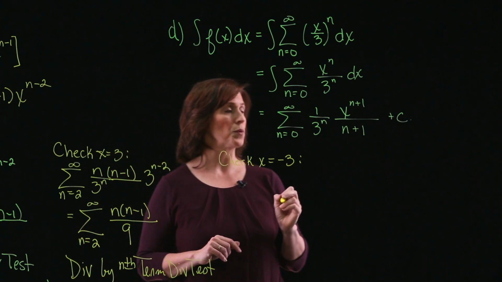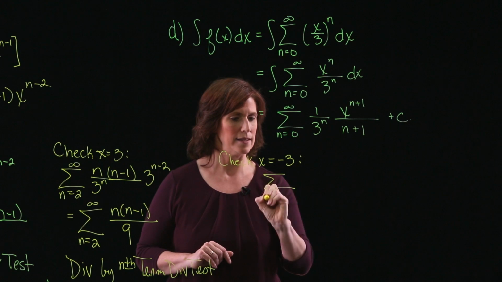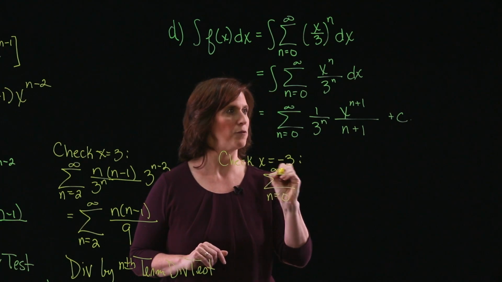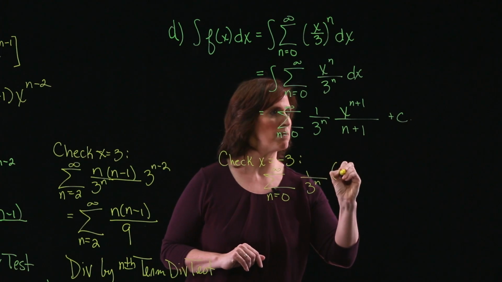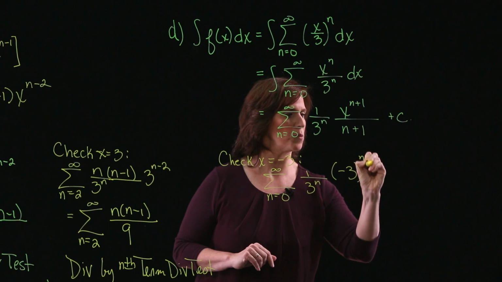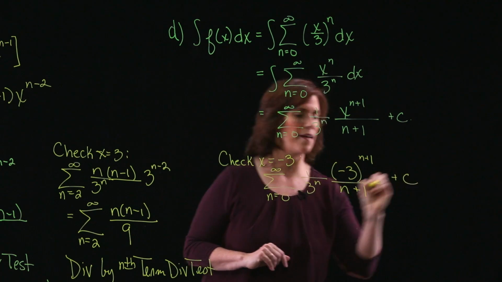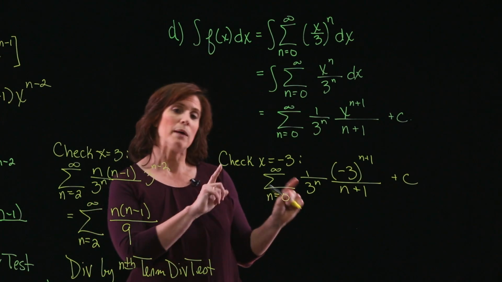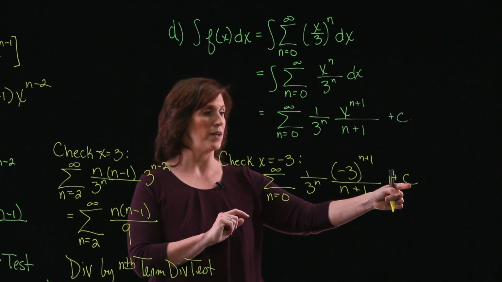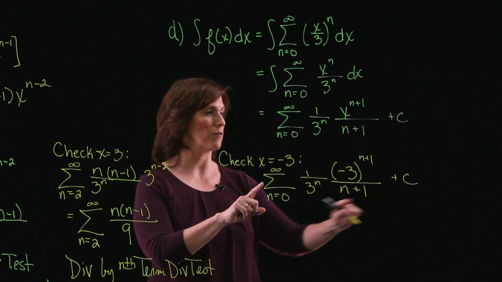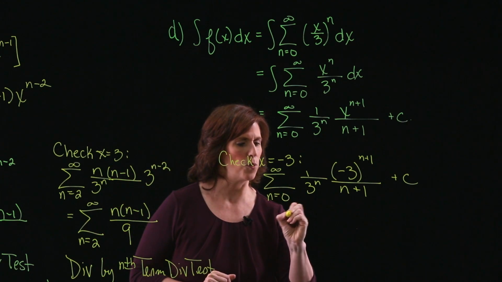When x is -3, my sum is going to look like the sum from n equals 0 to infinity of 1 all over 3 to the n times -3 to the n plus 1 all over n plus 1. And then I still have that constant of integration here. Now when I'm checking for whether or not this series converges, that constant is not going to have an effect on it. If this series converges, then the whole thing will converge. So let's see what that is equivalent to.